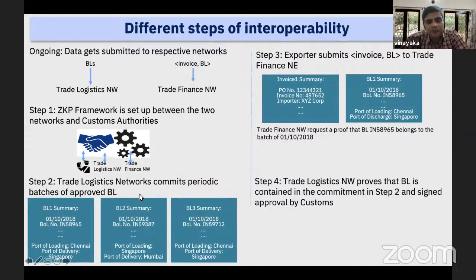Okay. So it's just like the bank statement. Instead of the bank statement, here the special hashes of the bill of ladings are being committed by the trade logistics network. Okay. Then the exporter on the trade finance network says, okay, I have this particular invoice and I have this bill of lading corresponding to that on the trade finance network.